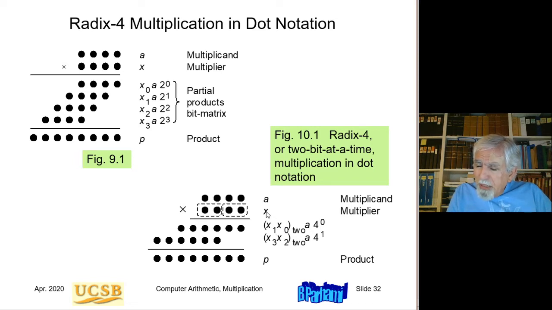Now 0 times a is easy, that's 0. 1 times a is easy, that's a. 2 times a is easy because that's basically a shifted to the left. But 3 times a is not trivial. If both of these bits are 1s, then you're faced with computing 3 times a. So over the next few slides, we'll see how we can handle this additional problem.